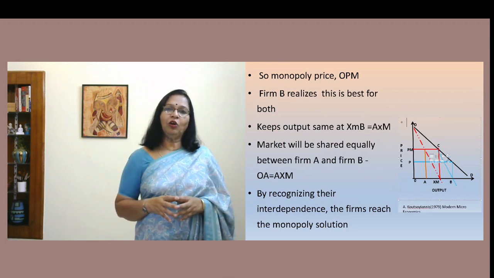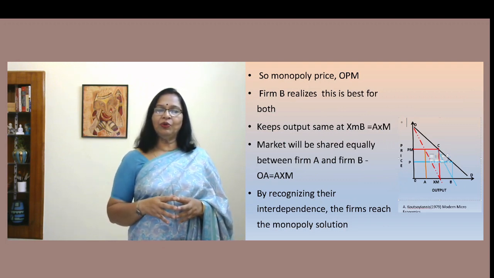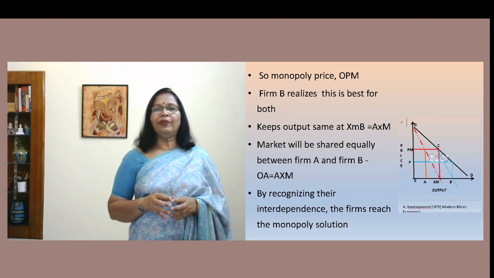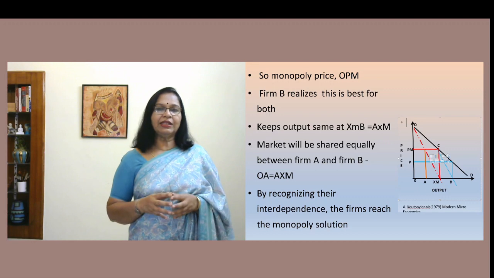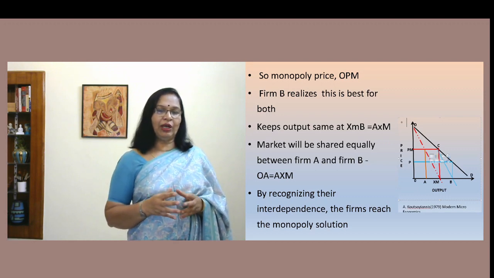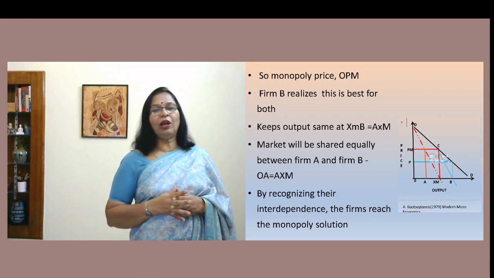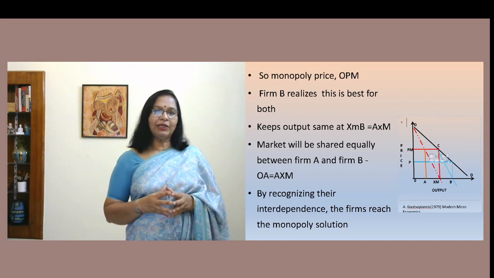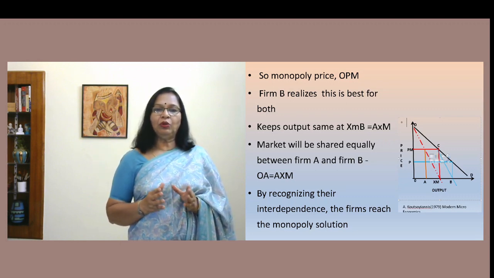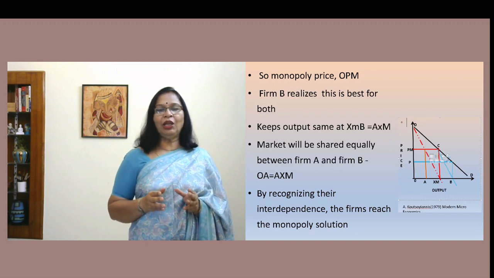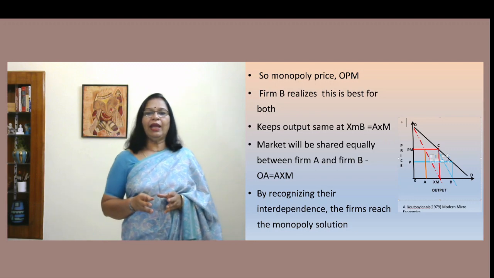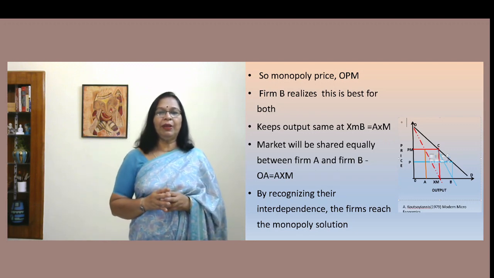So when the output of the industry has reduced from OB to only AB, then it indicates that the price should rise, and the price would have gone up to OPM. So when the price is at OPM, both the firms are selling equal amounts in the market. They have an equal share of the market, AXM and XMB.